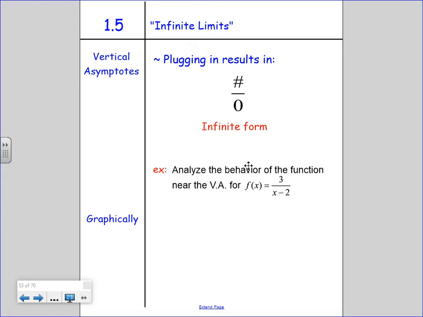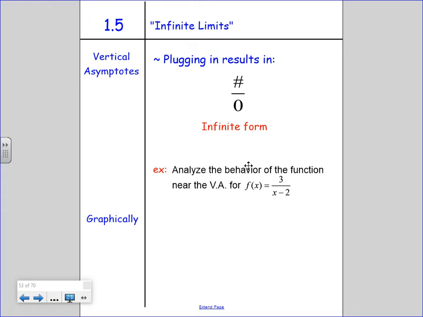All right, hold on. Since some of you guys just got really freaked out, let me show you real quick what 1.5 and 1.6 is on. Because that's the two new things. We're going to do one today, one tomorrow. Big old review on Thursday. 1.5 is just on this: what if you plug in and you get number over 0?